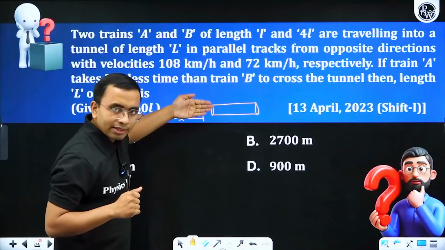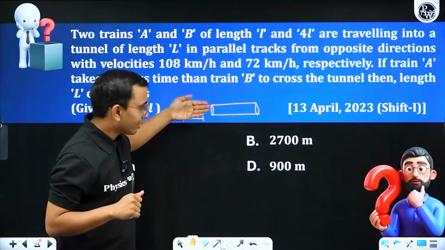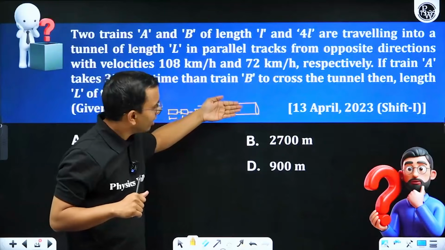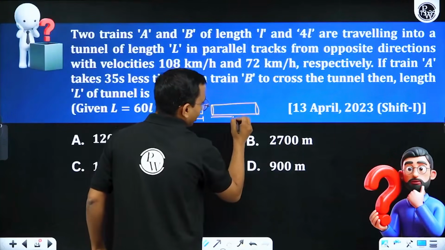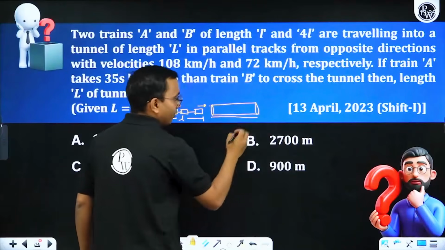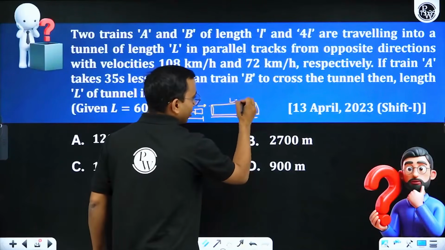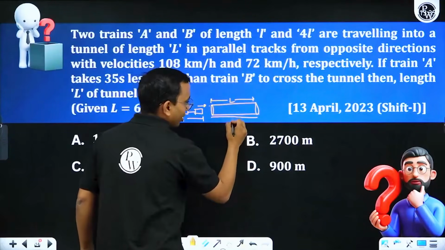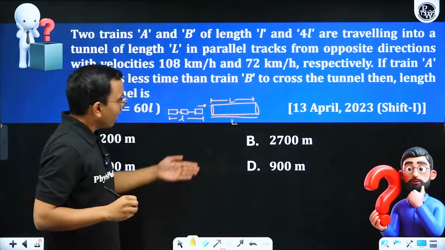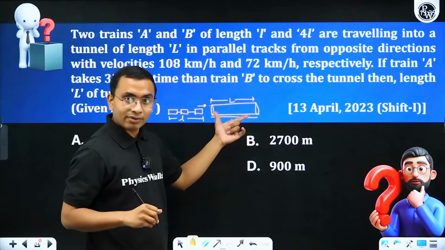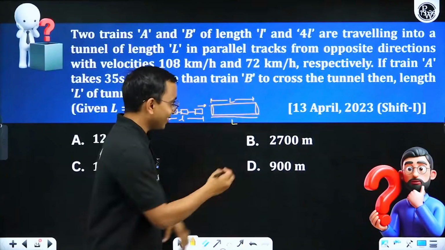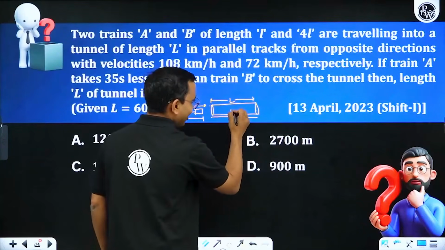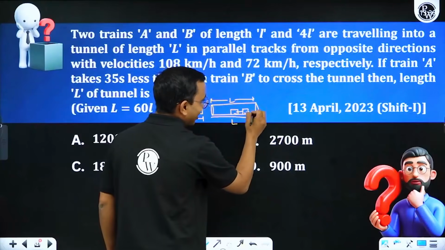The engine is just starting to enter the tunnel, till here the engine reaches. How much distance did it cover? L, that is equal to the length of the tunnel. Now has the train crossed the tunnel? No, because the engine is reaching here, but the rest of the train is still inside.